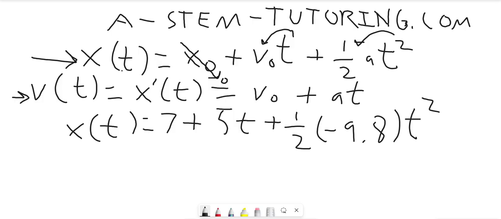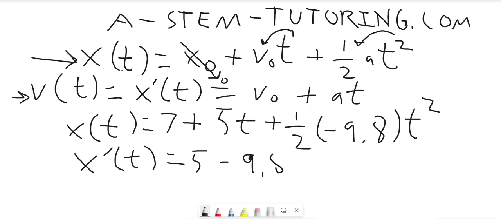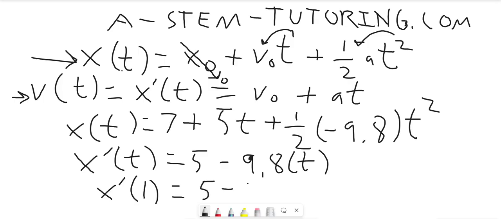If we want the instantaneous velocity, x prime of t equals 5 minus 9.8t. At time 1 second, x prime of 1 would equal 5 minus 9.8.